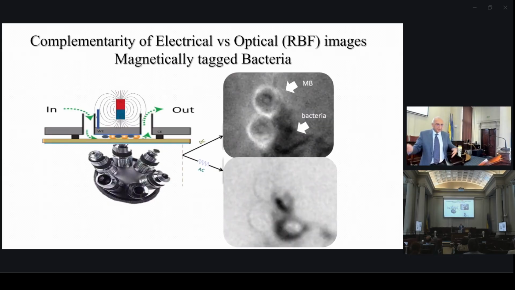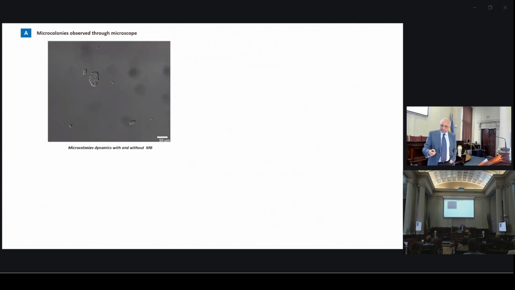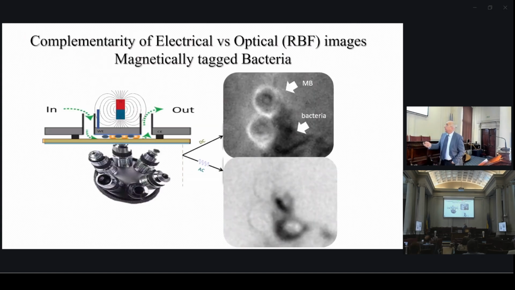Just to pinpoint the difference between the electrical and optical properties, you can see here by the contrast in this optical image that the bacteria have a larger contrast and the magnetic beads are almost transparent, whereas it's exactly the opposite in the electrical image, because the conductivity of the magnetic particles is far lower than that of the bacteria.